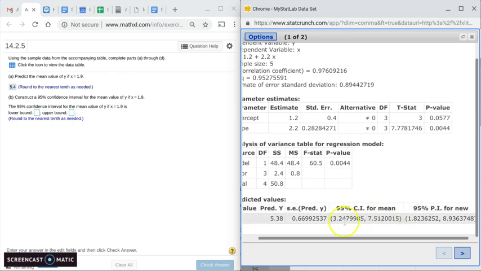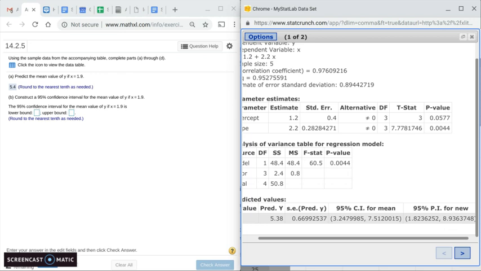And you notice that this one, 3.2 to 7.5, is inside this one. It's a smaller confidence interval, around 5.38, than this one is, because the prediction interval, like I said, is just a one-off. It's going to have a lot more variance.